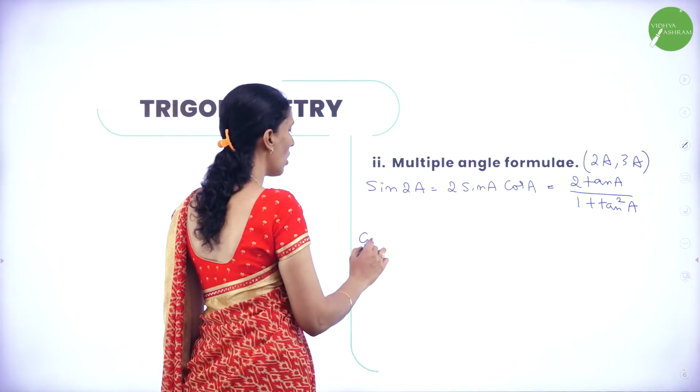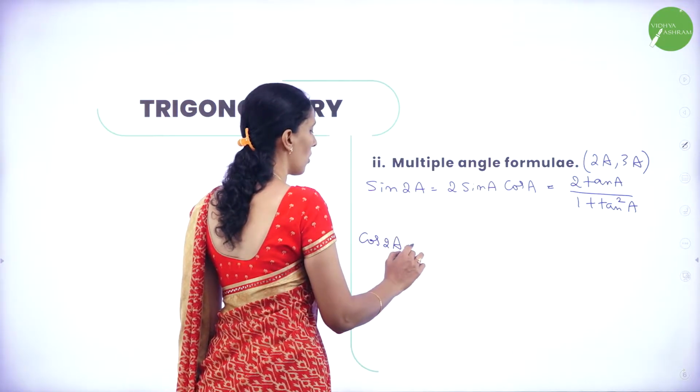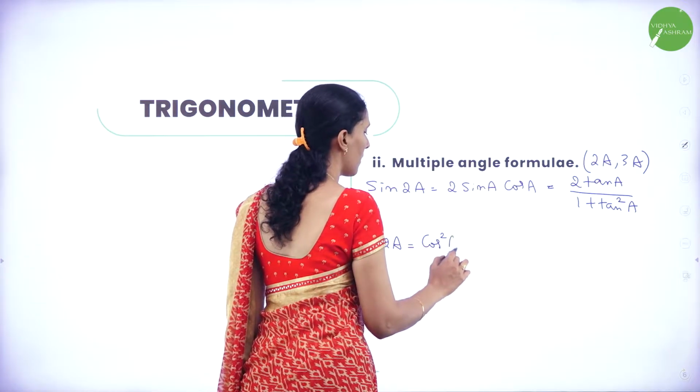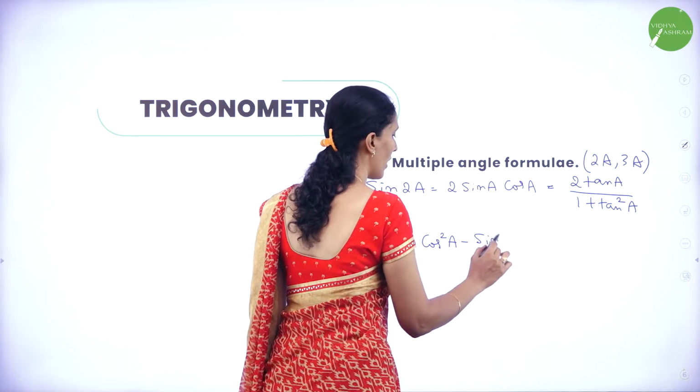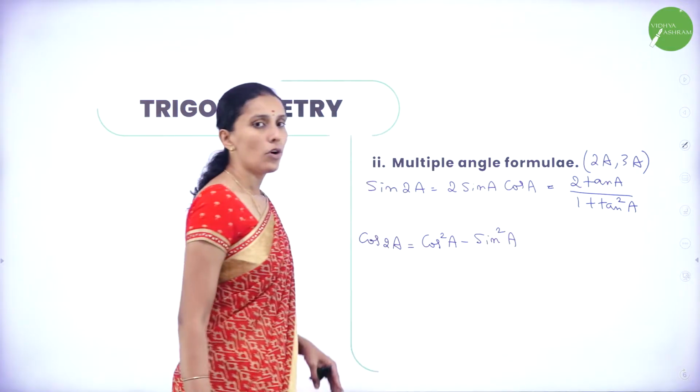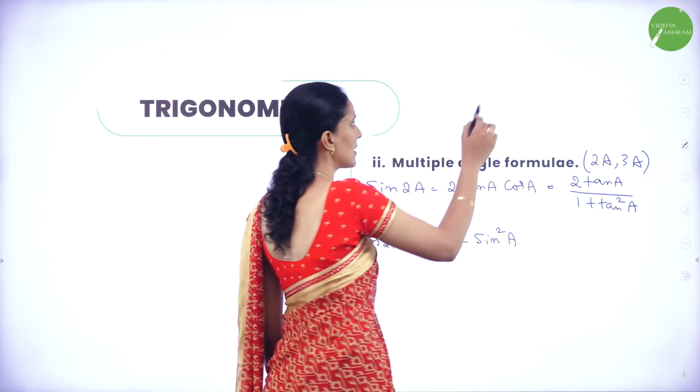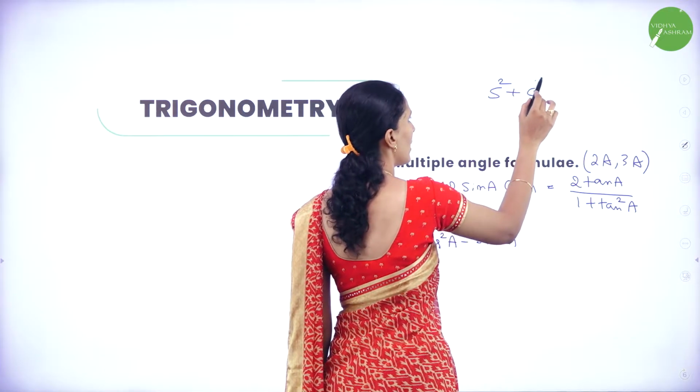Next we take cos 2A. Cos 2A can be written as cos square A minus sine square A. We know that sine square plus cos square is equal to 1.